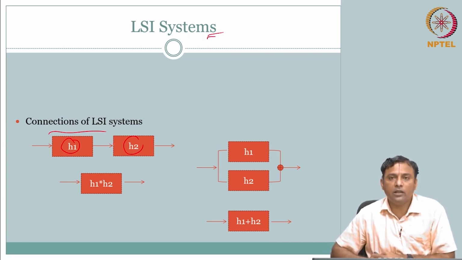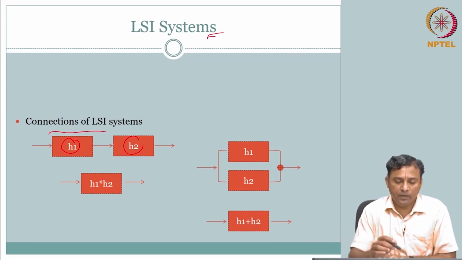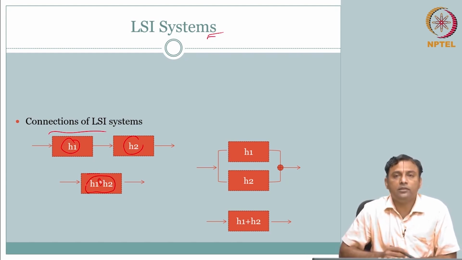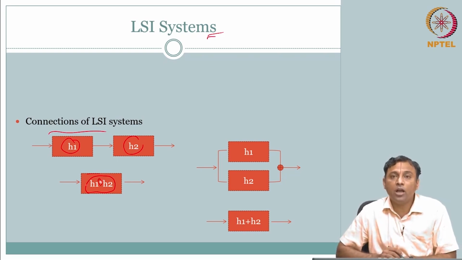Now, if you connect them in series, as you can see here, it is equivalent to having only one system whose system function combines H1 and H2. How does it combine? This operator. What is that operator? Convolution.